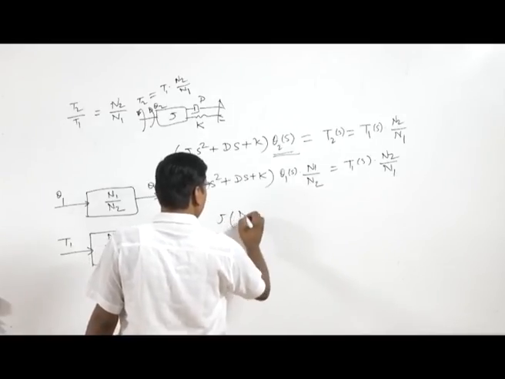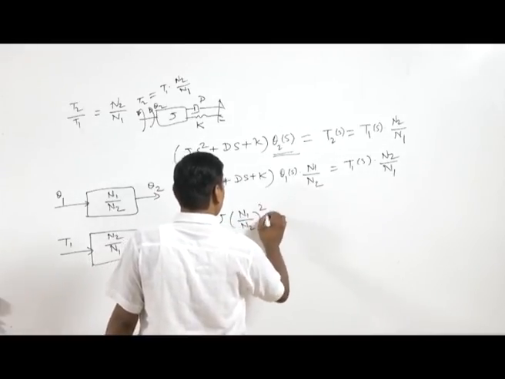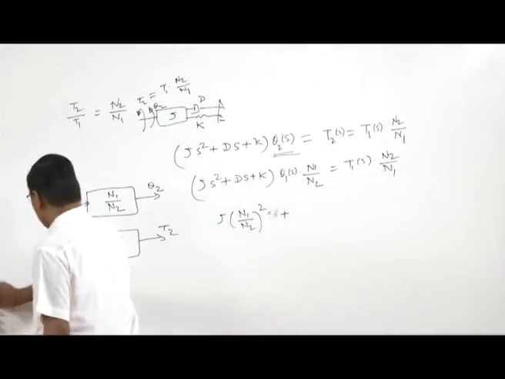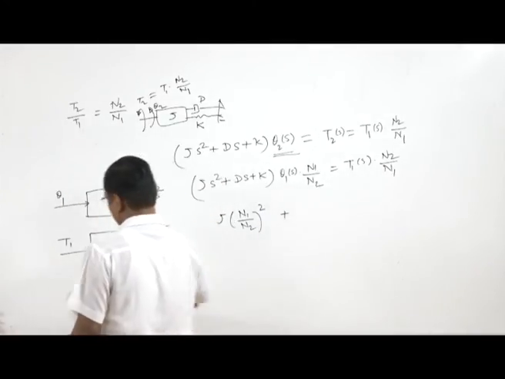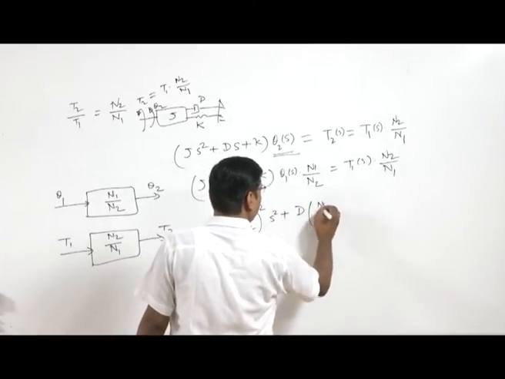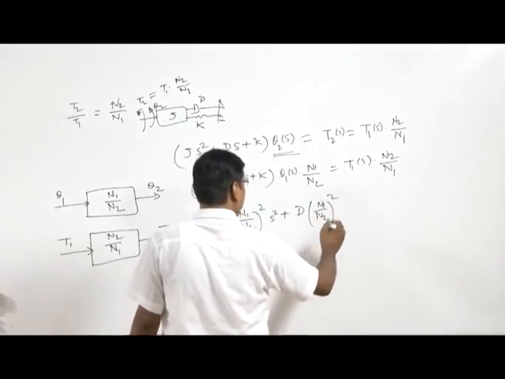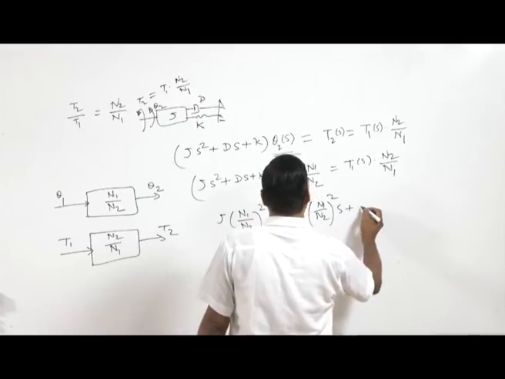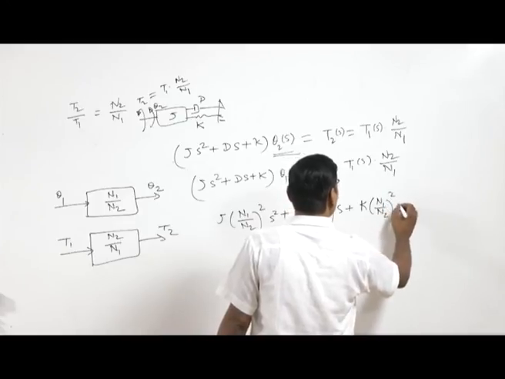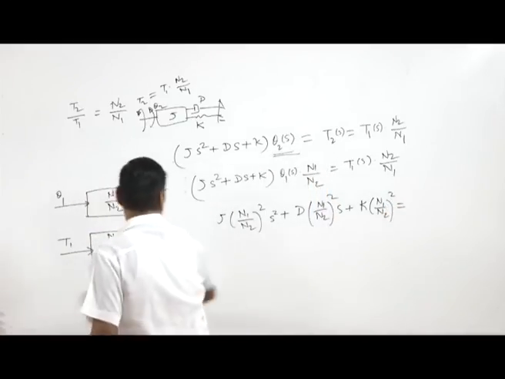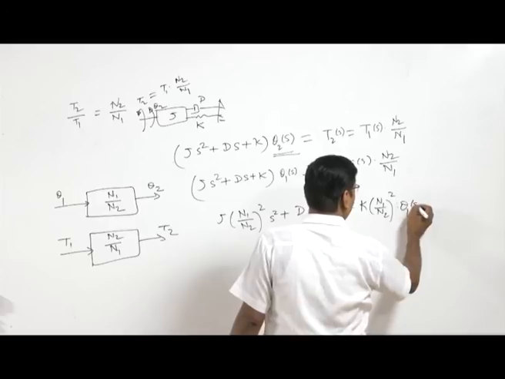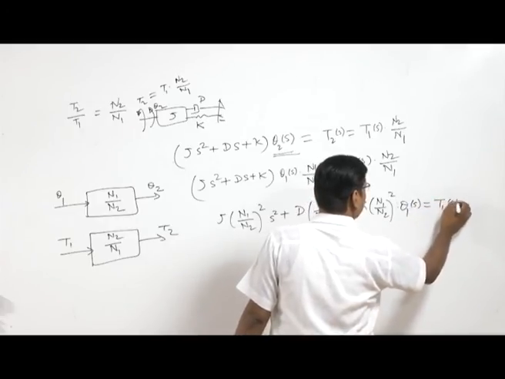So J N1 by N2 square s square plus D N1 by N2 square s plus K N1 by N2 square, times theta 1 s, equals T1 s.